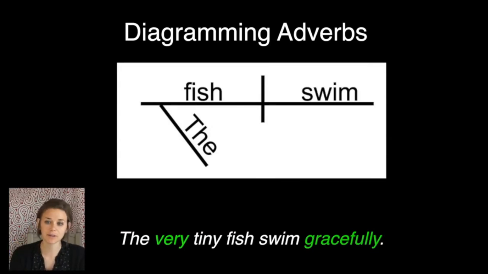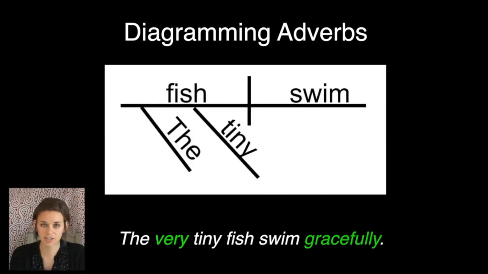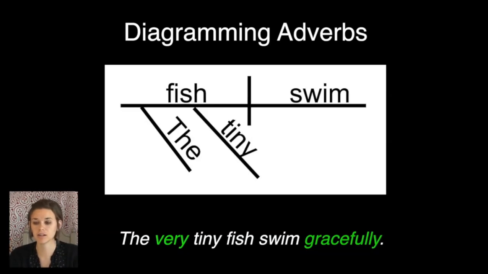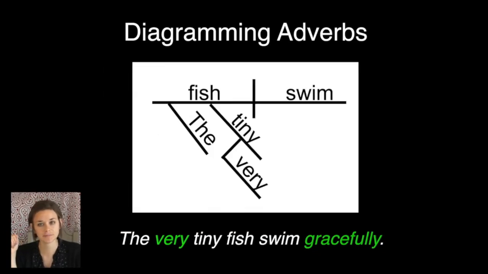What is tiny doing? Tiny is telling us about fish. What kind of fish? Tiny fish. So tiny is an adjective. We put it under the noun fish. Now we can go back and say, very is an adverb and it's telling us about the adjective tiny. So we put it on a slanted line under tiny. And we are left with just one more word, gracefully. What does gracefully do?